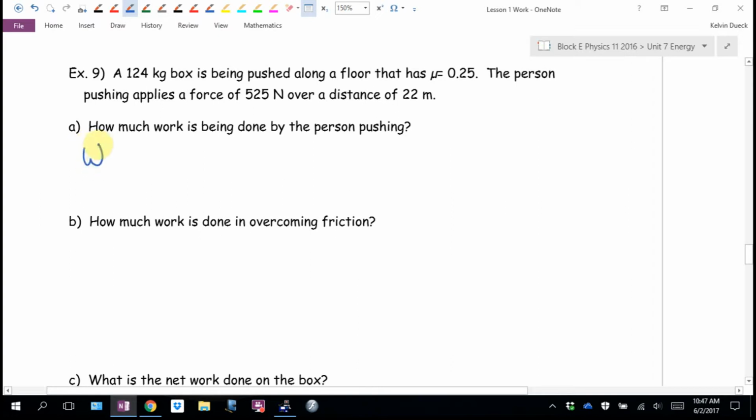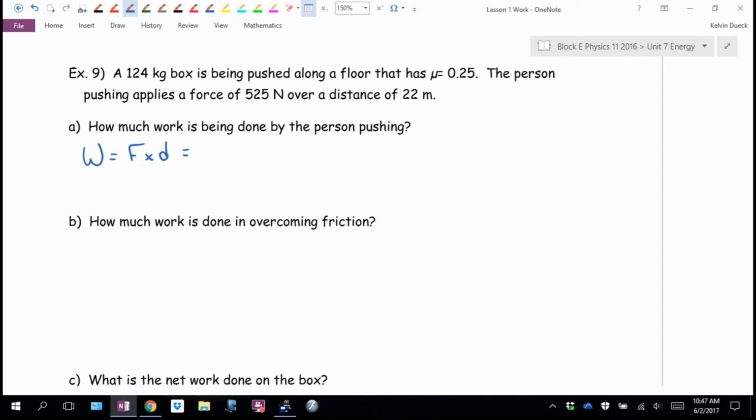Well, work equals force times distance. I'm imagining we're pushing a box along a floor, but you can feel friction resisting you in the other direction. You've probably all experienced that trying to slide something heavy across the floor.